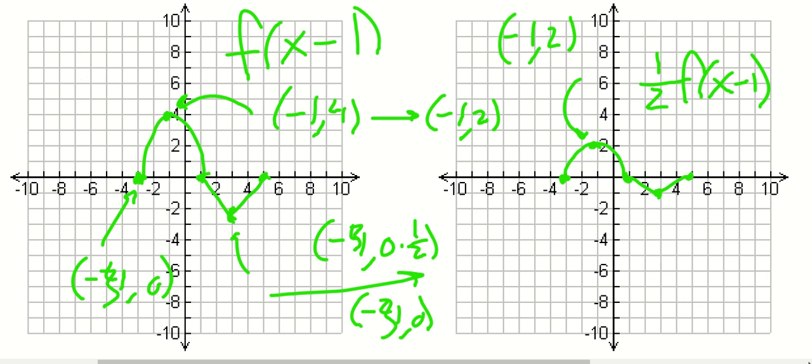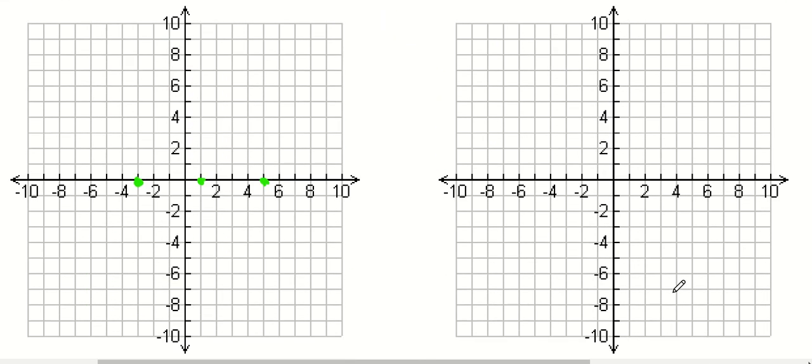If I'm multiplying that y value by a negative, then that point is now going to get moved to -1, -2. So instead of being above the x-axis, it's going to get reflected down below and end up here.